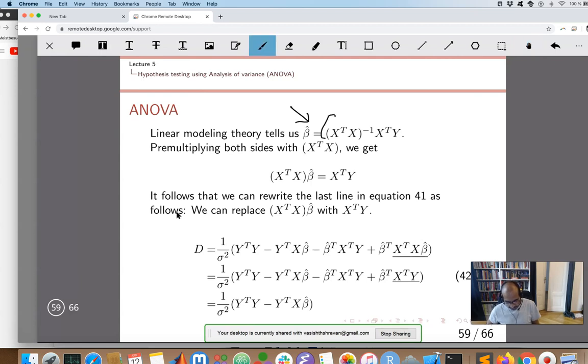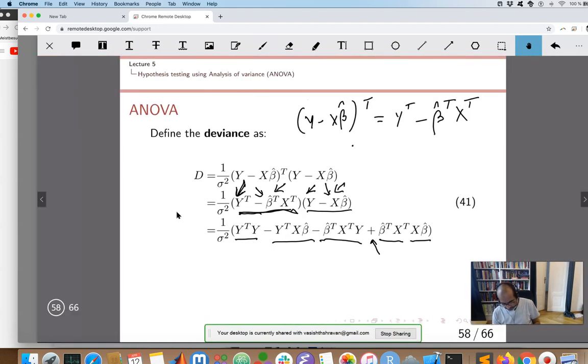So that's what I've done here, and I get this simplified. This term is what is left on the right hand side. So what this means is that in equation 41 we have this term here.